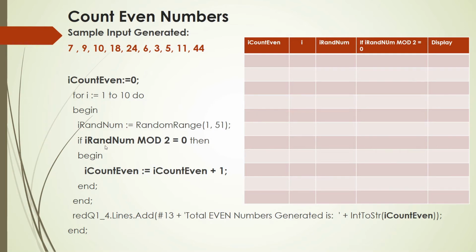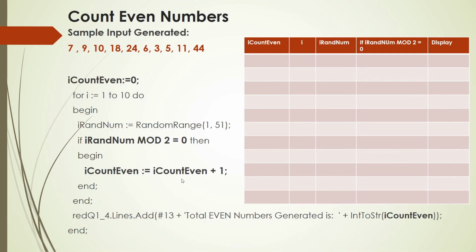I'm then checking if the random number mod 2 equals 0. This is the formula to test if a number entered is an even number. Mod gives you the remainder. If the remainder is equal to 0, then this condition evaluates to true, and all I'm doing is incrementing my counter.